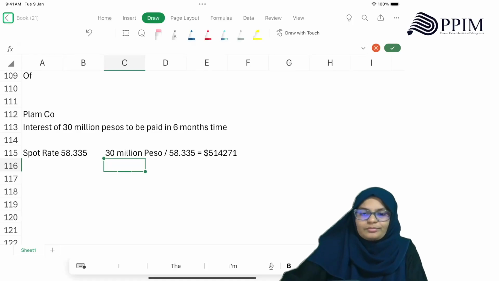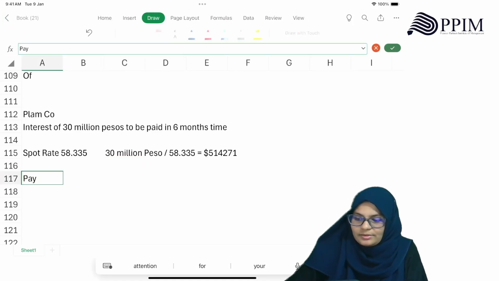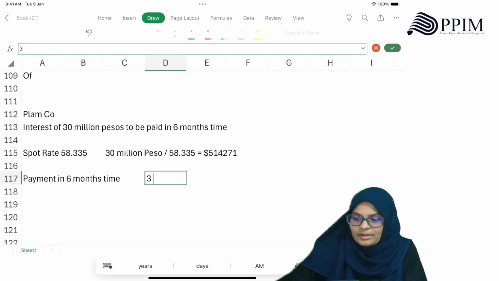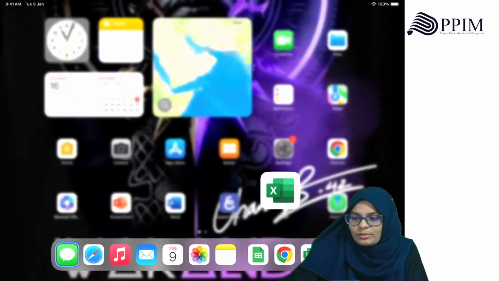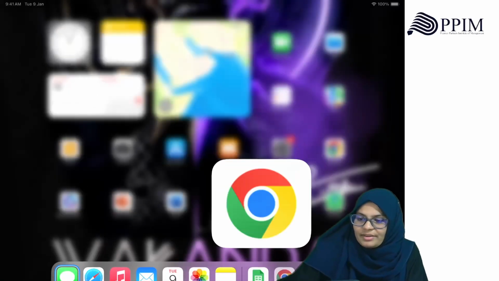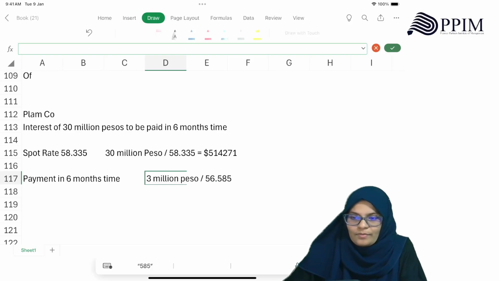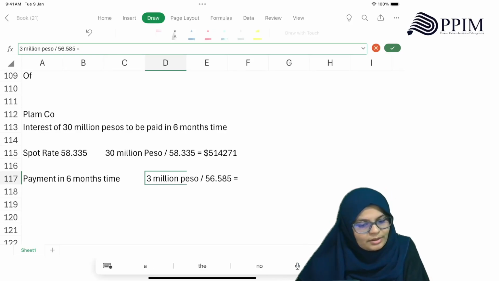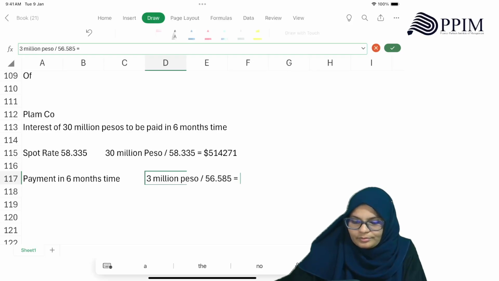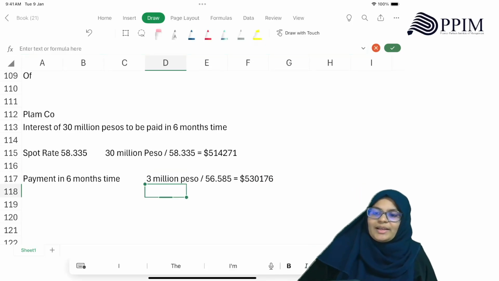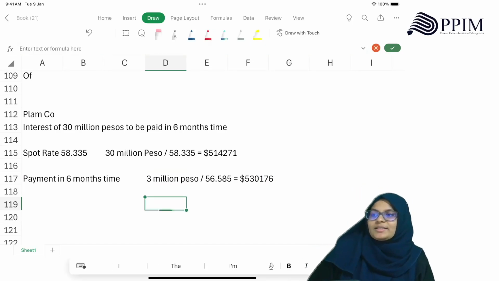So payment in 6 months' time, that will be 30 million pesos divided by the rate, 56.585. Okay, so in dollars, I'm talking about 530,176.